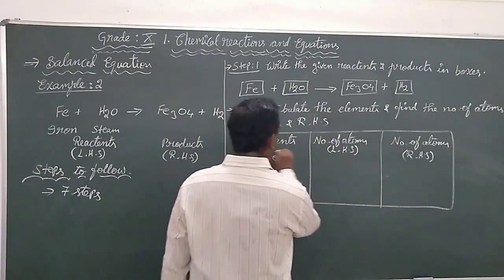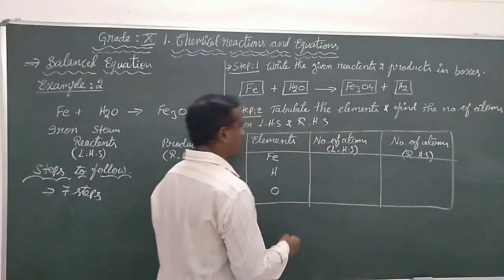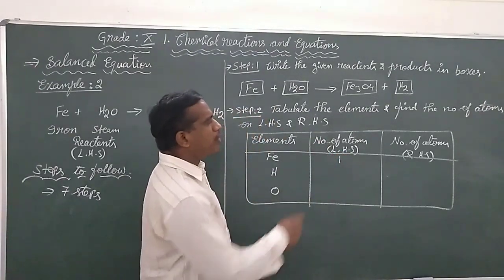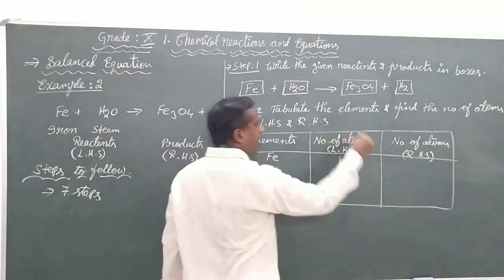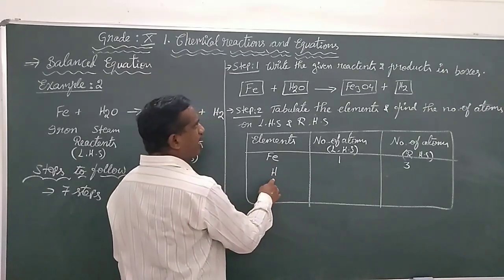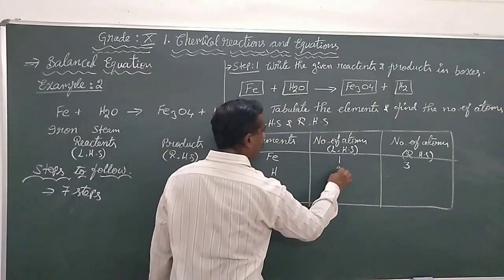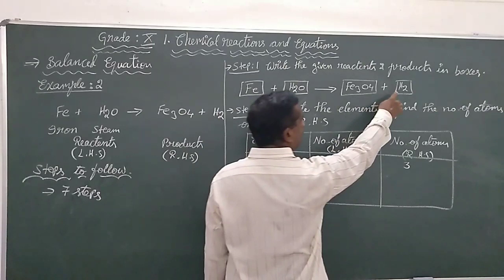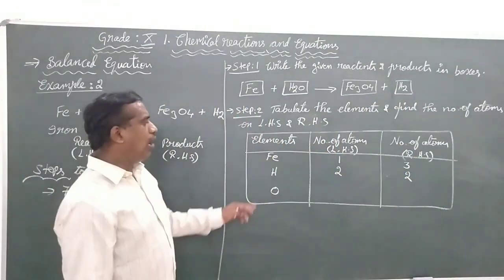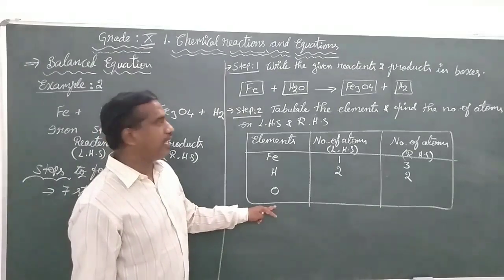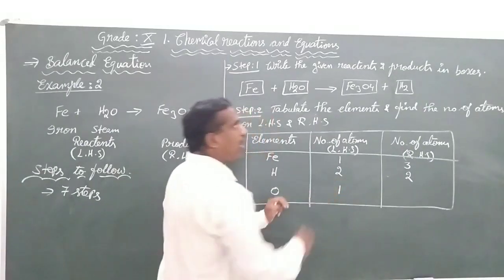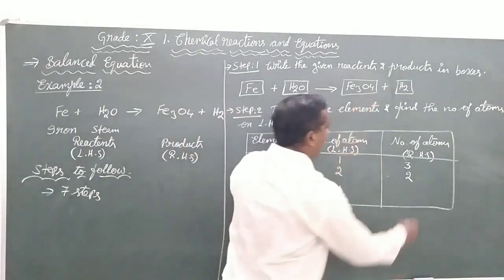Number of iron atoms on the reactants, how many we find here? Only one. And on the RHS, how many irons we find? 3. How many hydrogens we find here? 2. How many hydrogens from the products we find? 2. And how many oxygens we find here on the LHS? We find only 1. And on the RHS we find 4.